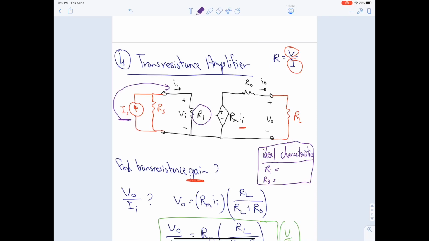It should become short circuit, so we can eliminate Rs. Now what should happen to Ro so that this entire voltage gets propagated into the output? Ro needs to become a short circuit, because if you make it an open circuit, then you will lose the current and RL will disappear. So here it has to be a short circuit.